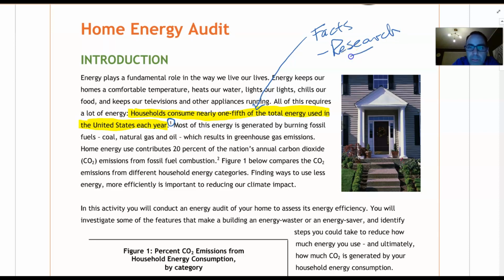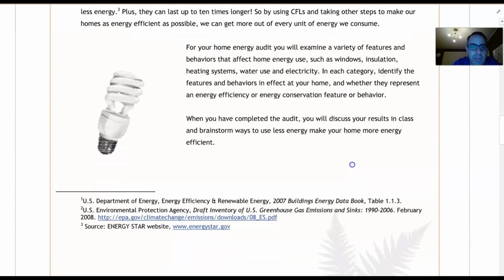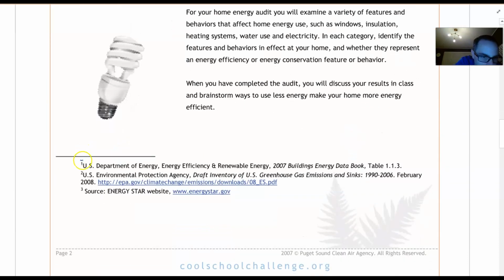So what we as a reader can do is scroll until we see a number 1, and here it is. What that tells us is that the information from that sentence came from this source right here, the U.S. Department of Energy, Energy Efficiency and Renewable Energy 2007 Buildings Energy Data Booklet.